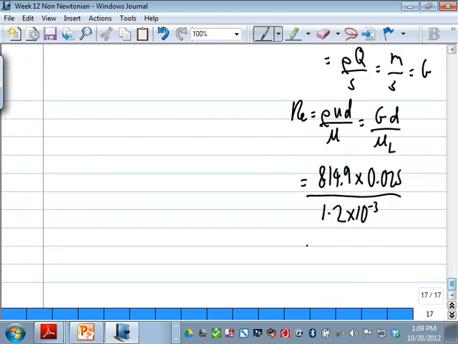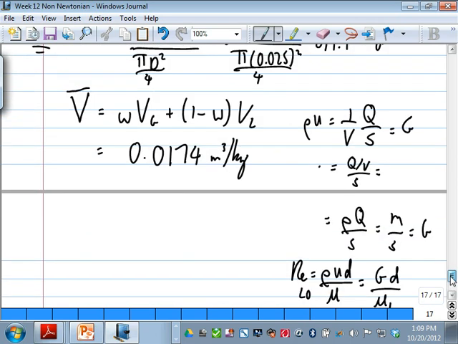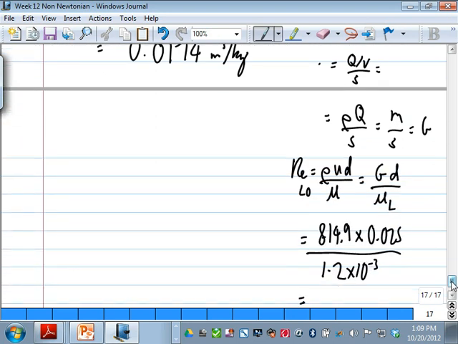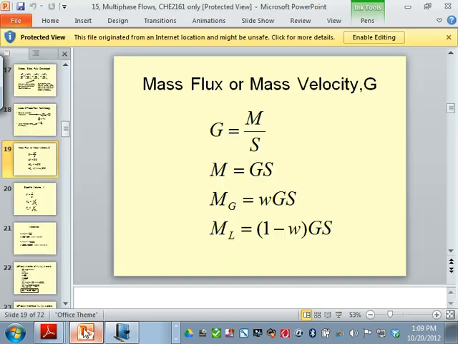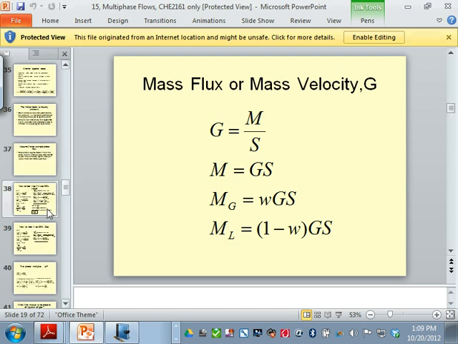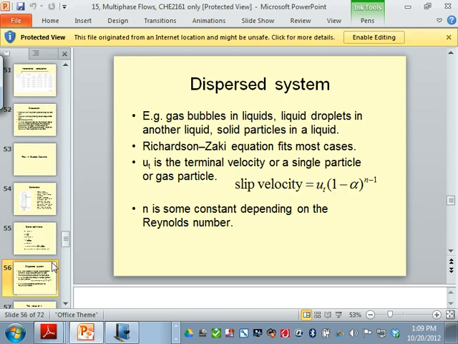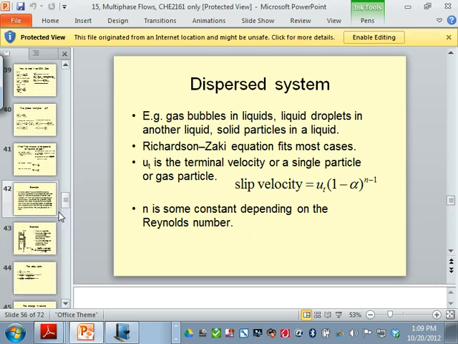What's the Reynolds number? This is Re, liquid only. Sorry if you're a bit confused, we are following this method here. We are assuming 100% liquid.